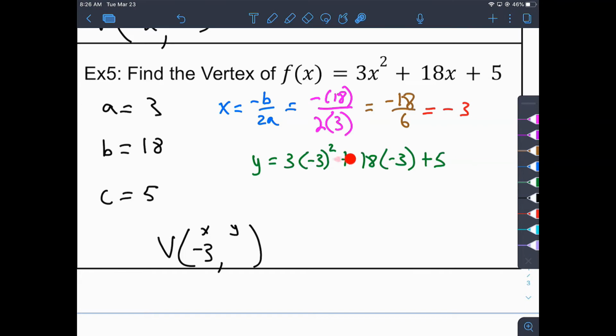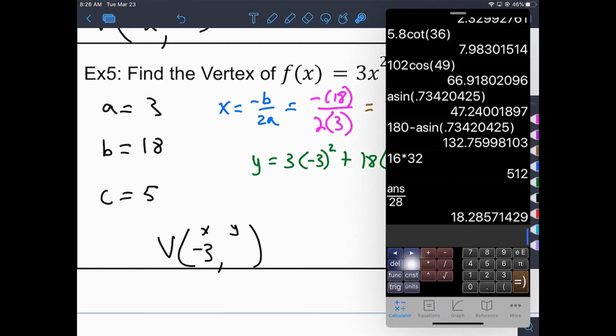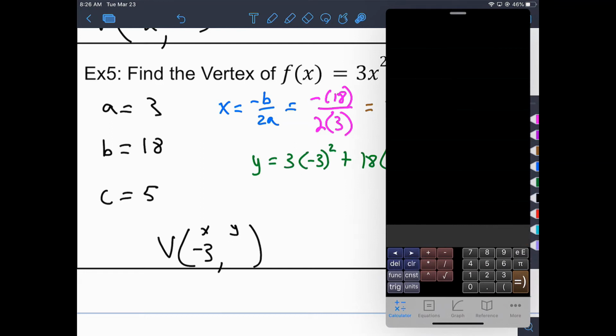You can type the entirety of this into a calculator. Not that we should be doing that all the time because we should be able to handle some of this math. But let's say you don't know what some of these are, such as 18 times negative 3. It's acceptable to take in what we have, but you should have parentheses around absolutely everything that you have plugged in.